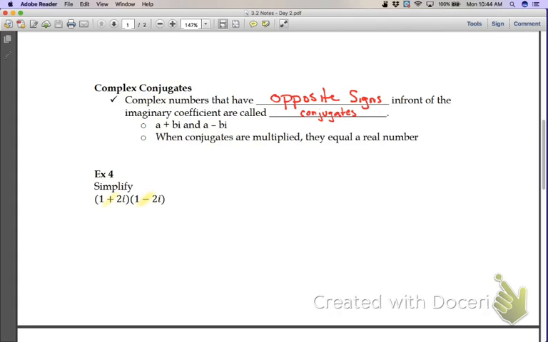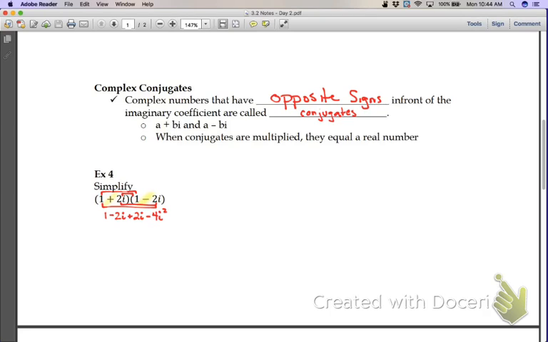So all I'm going to do is multiply standard. I'm going to have 1 times 1, so I'm going to have 1. You can multiply it every time, or I can show you the shortcut here in a second. So 1 times a negative 2i is a negative 2i. 2i times 1 is plus 2i. And then the outsides is going to be negative 4i squared.